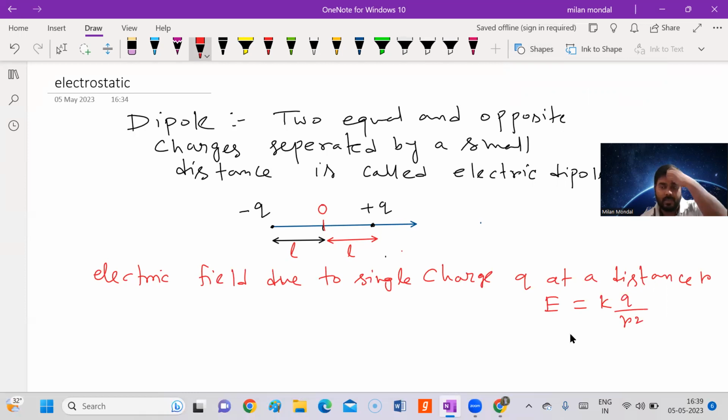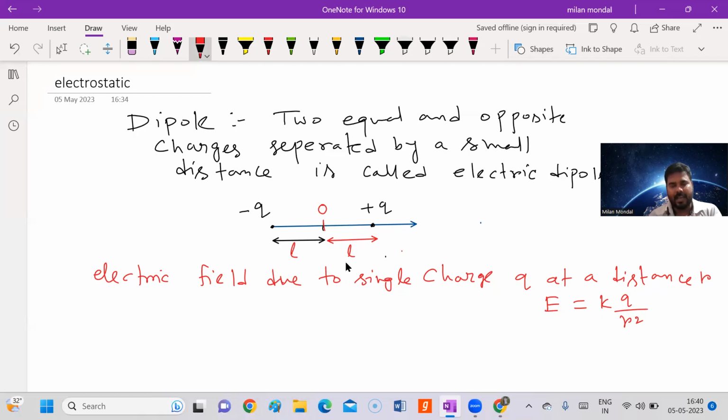Now, when you are considering any material, that material will not consist of a single electron. Definitely, it will contain a very large number of electrons. So, to make the actual electric field calculation very easy, we are taking this kind of configuration. Not only a dipole, with 4 charges we can configure a quadrupole, and with 8 charges we can configure an octapole. According to our requirement, we will do that. So this is the basic one.